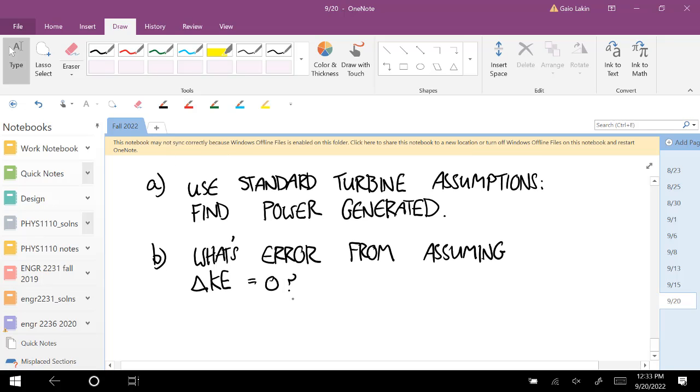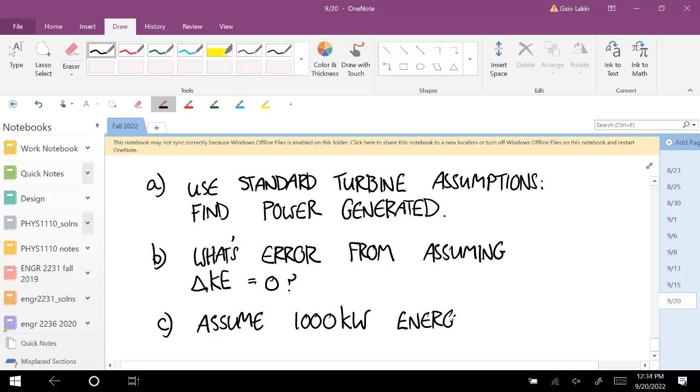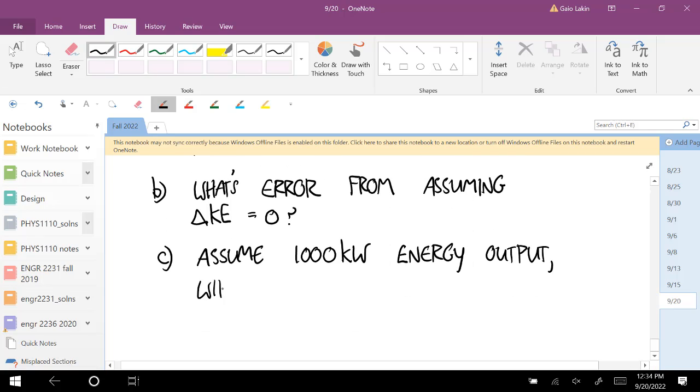And last, let's assume that we can actually measure the power output. I mean, it's coming out as electricity, so it's not hard to measure. So let's assume 1,000 kilowatts of energy output, and use that to calculate the rate of heat loss.